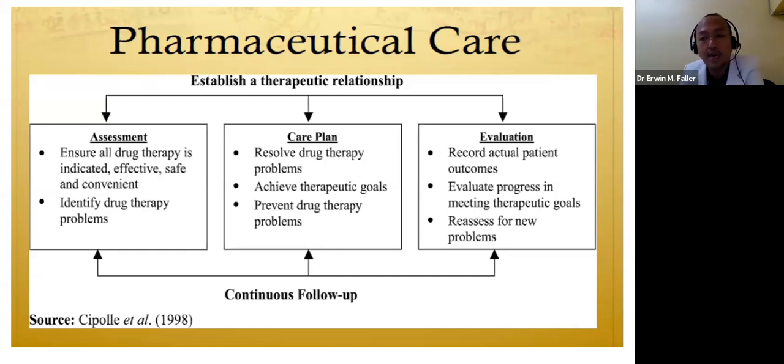Before we develop a pharmaceutical care plan, we need to establish a relationship with our patient. How do we develop this kind of therapeutic relationship? You need to be trustworthy and competent in dealing with your patient.